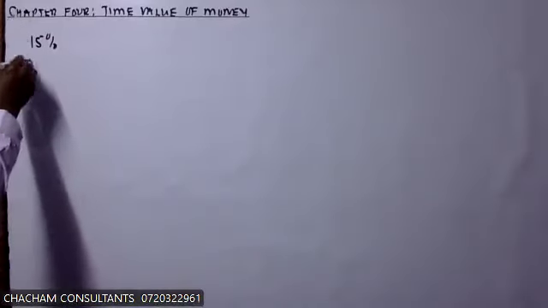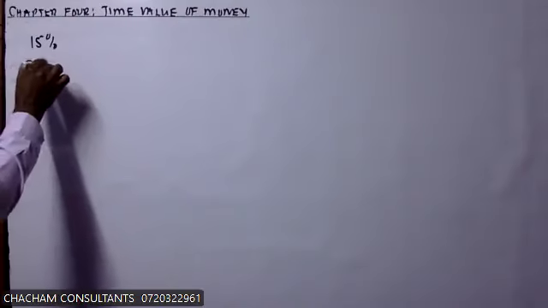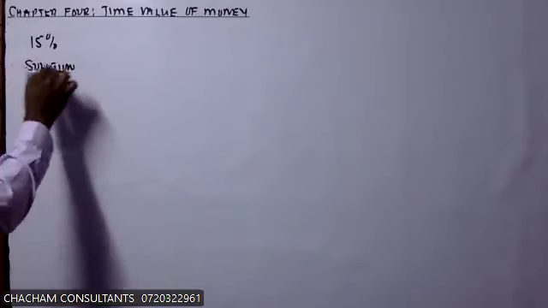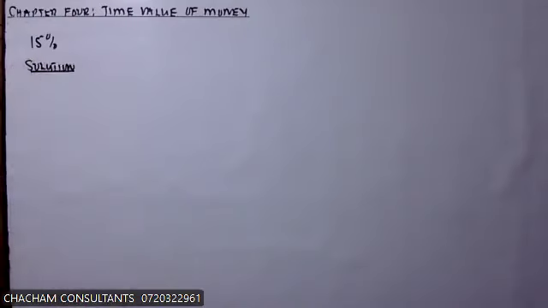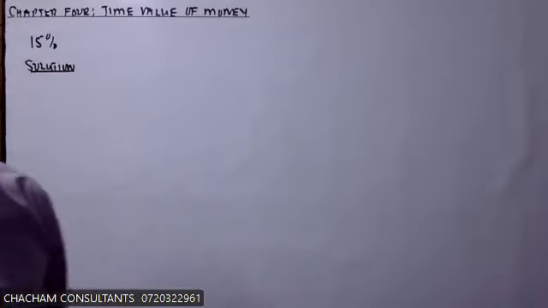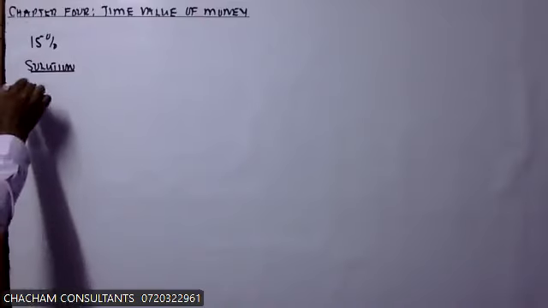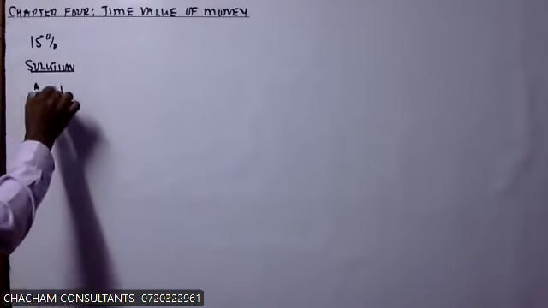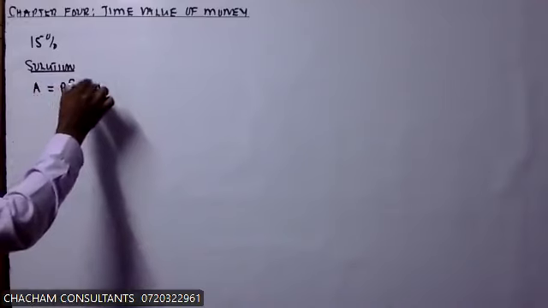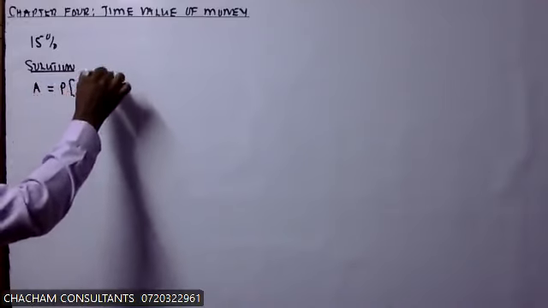So this is what we are calling compounding, annual compounding. So tumesema amount will be given as P(1 + R)^N.